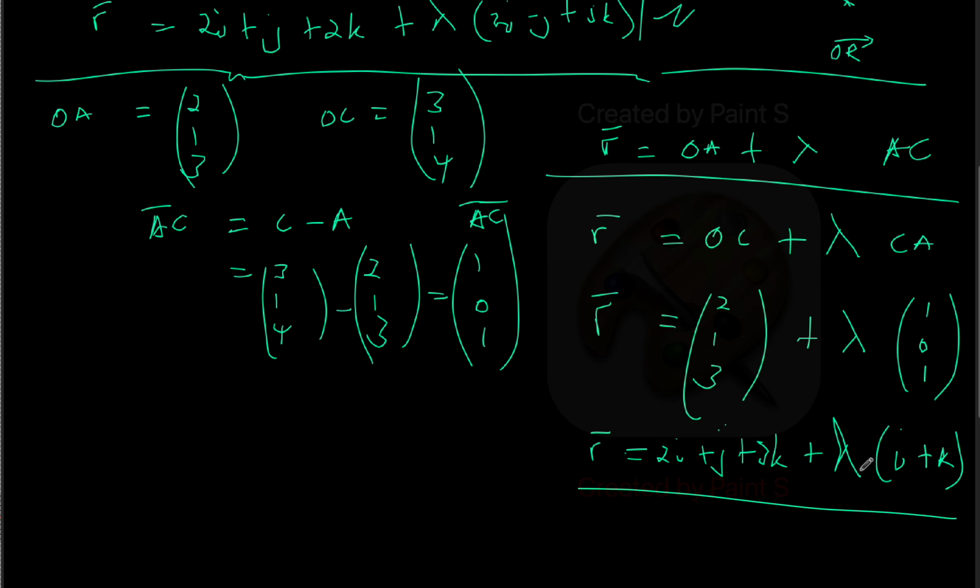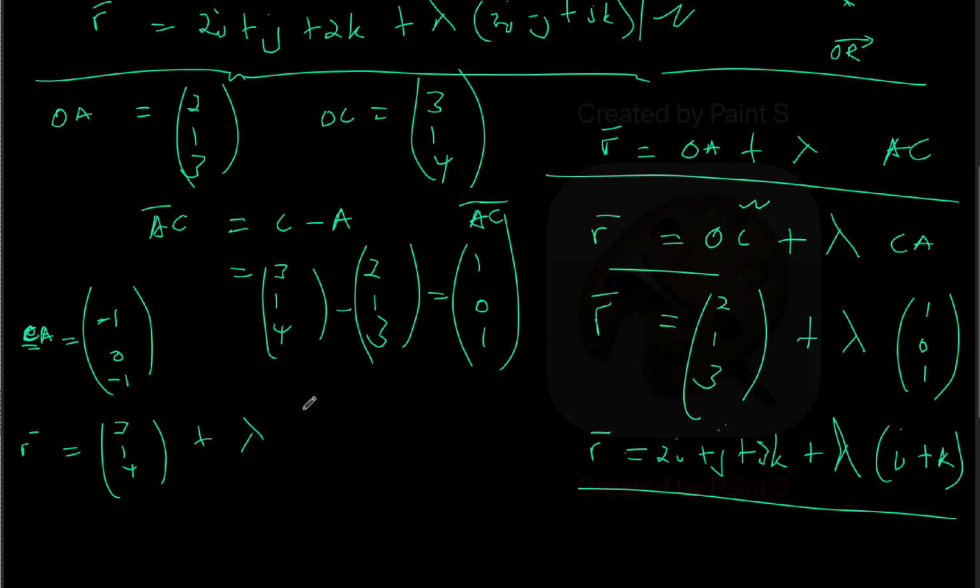This can be the equation, or we can choose to use OC, because CA is just the opposite of AC. So CA is -1, 0, -1. Sorry, that's my CA, I meant to say. So at the end of the day, I can go ahead and form an equation using this, where R bar is equal to OC, which is 3, 1, 4.